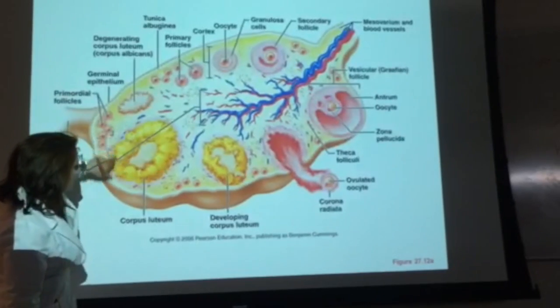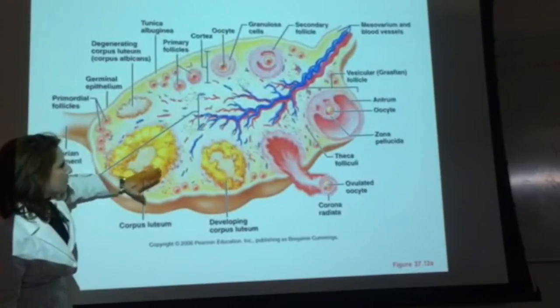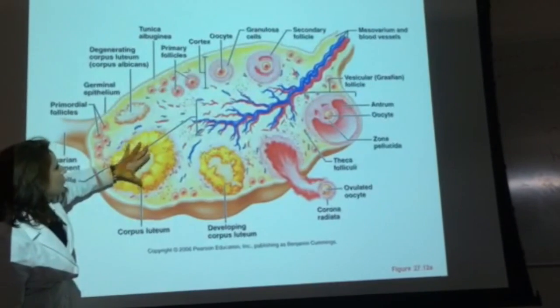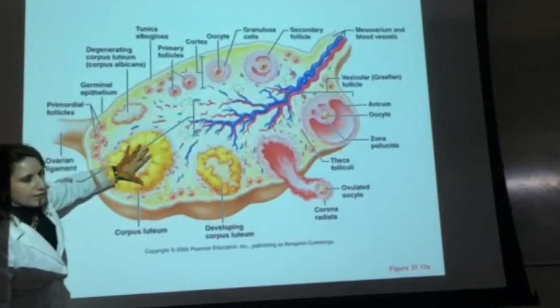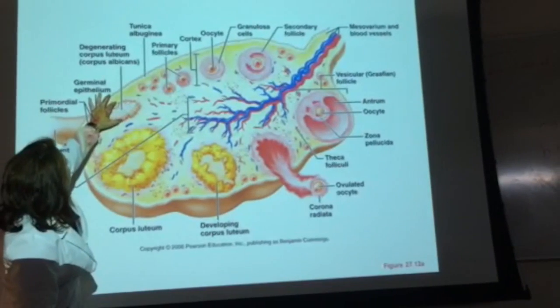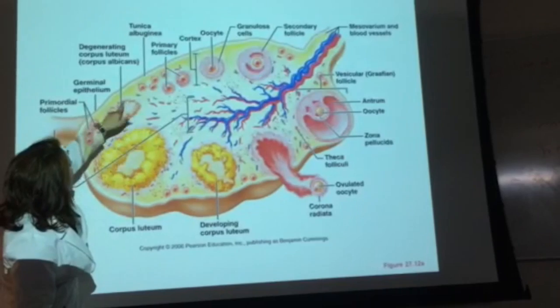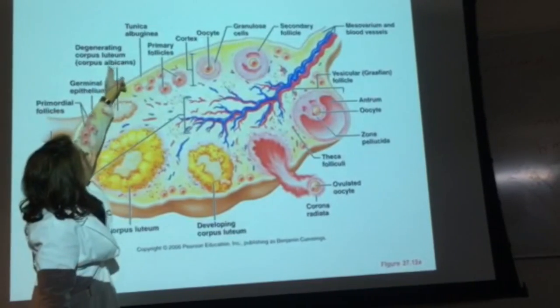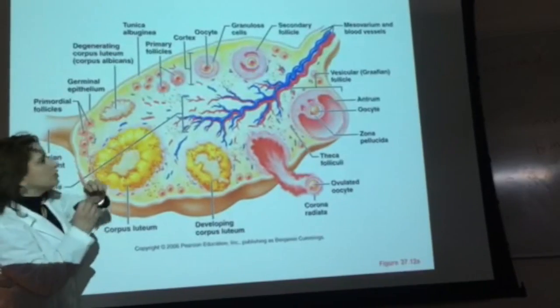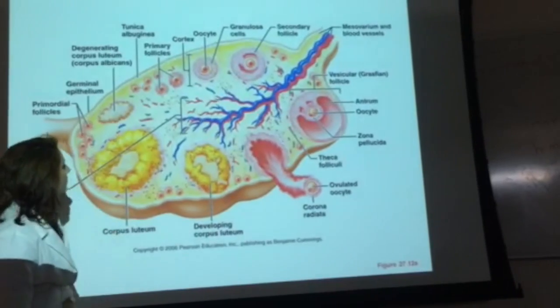So now this is a really nice big yellow thing which produces progesterone and a little bit of estrogen. This is the corpus luteum, which will continue to produce progesterone for about 10 days. And then it becomes the corpus albicans. Albino is white, so it becomes corpus albicans, and then it will start to turn into atretic little follicles, which will start to fall apart.